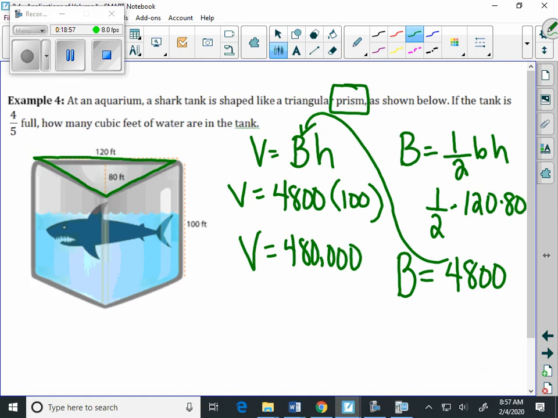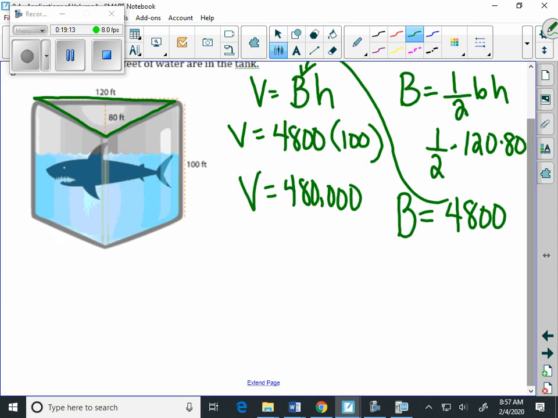The thing is, if you've ever been to the zoo, there's usually some airspace at the top of a container like this. And what it says is, if the tank is 4/5 full, so we need to finish by taking our 480,000 and multiplying it by 4/5 to find how much water is really in the tank.